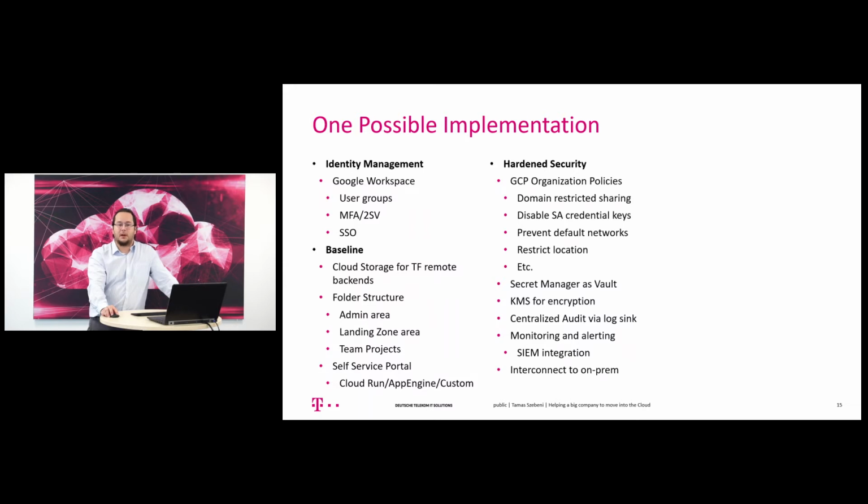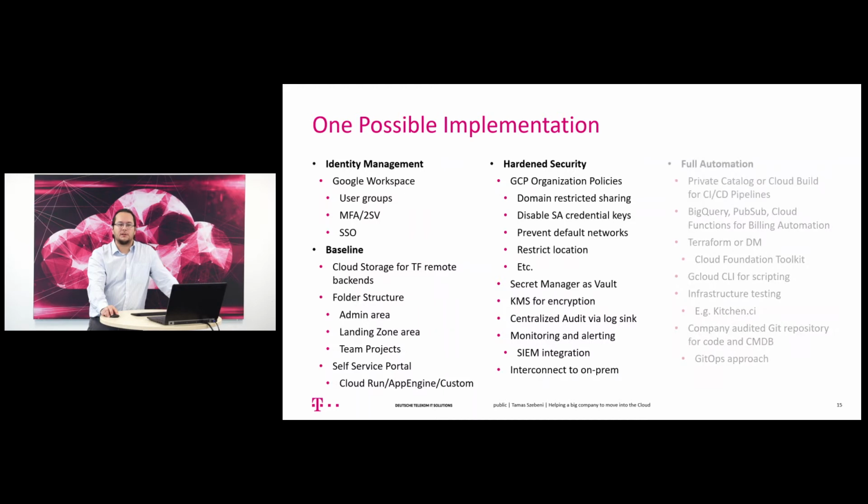Technically, it has several pipelines, with only one purpose for each. And to ensure hardened security features are established, billing automation, infrastructure testing, and an operation toolbox are implemented. And to enable the GitOps approach, a dedicated Git repository for code and CMDB.